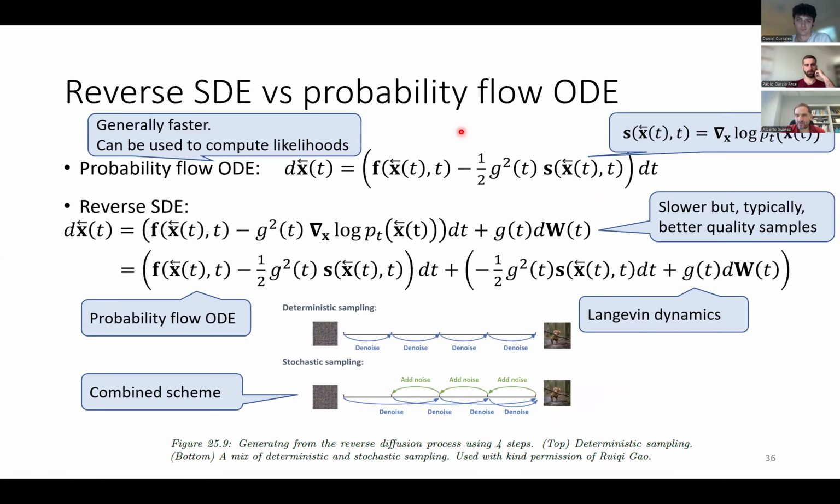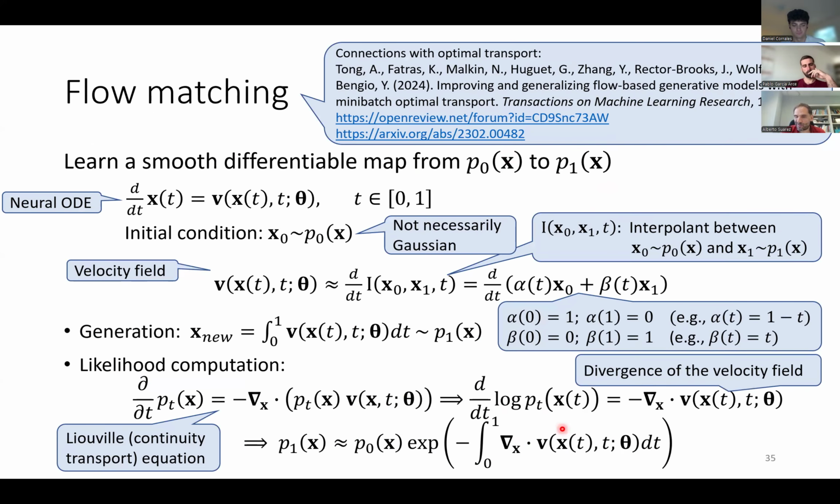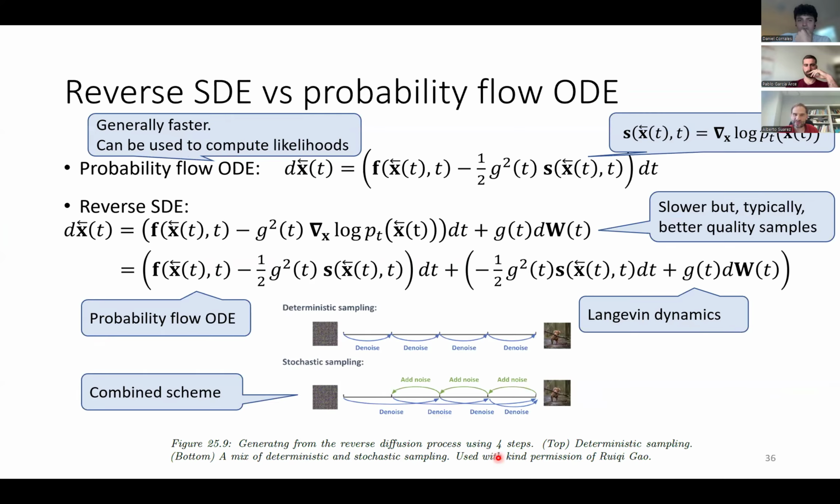In this case, the velocity field is just that quantity. Again, remember that we have chosen f equals 0. So that quantity is just minus 1/2 g squared of t times whatever comes out of the score network. So these computations are relatively easy to do. Gradients are automatic in PyTorch or in JAX or whatever tensorial autograd framework you are using. So all these things may be costly to compute, but they are doable relatively simply.